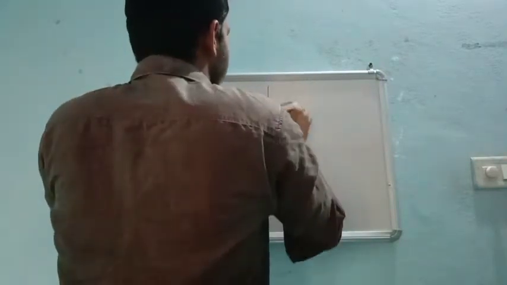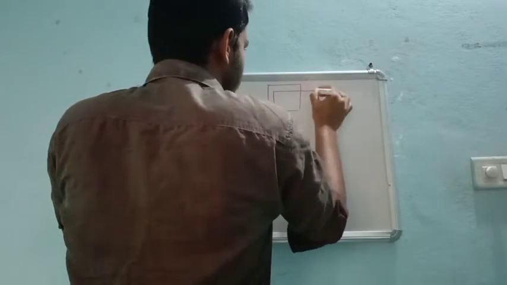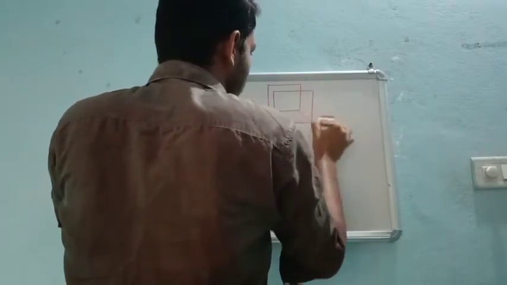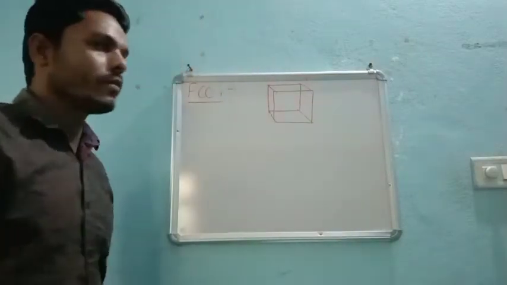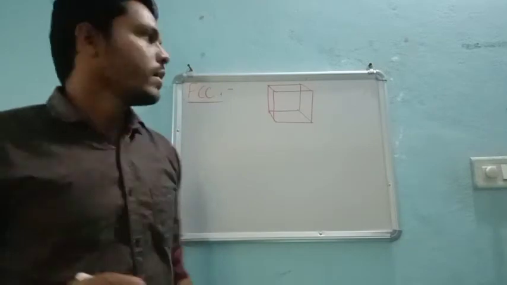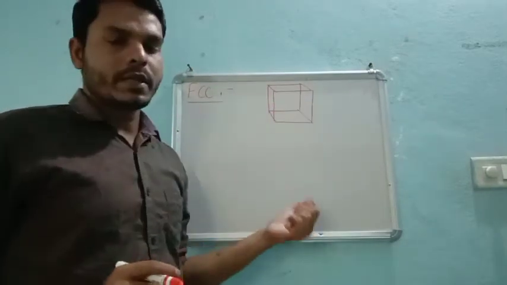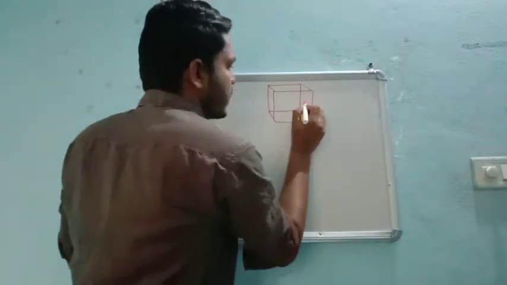So see here, FCC is a type of unit cell in which the constituent particles are not only present at the corner, but they are also present exactly at the center of a face, I mean at the wall.